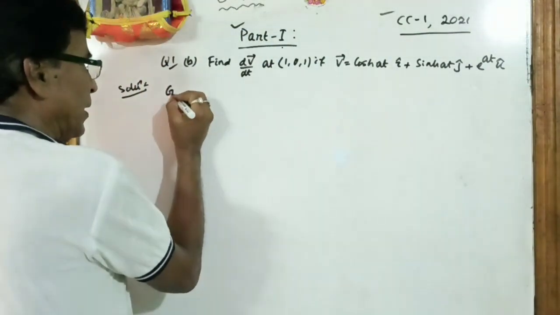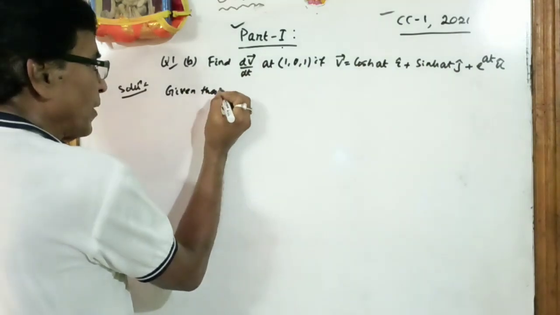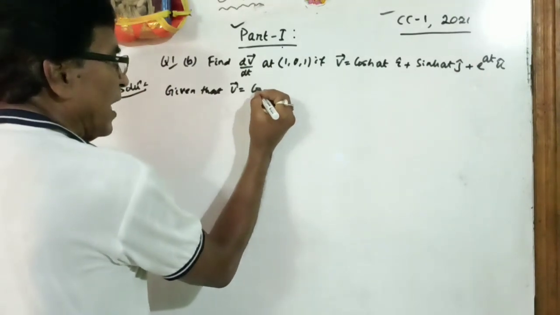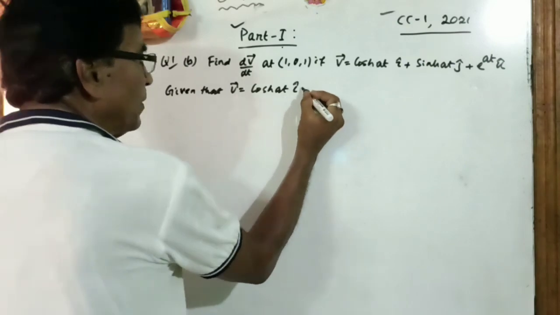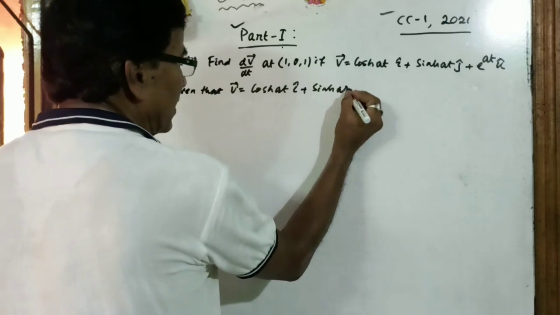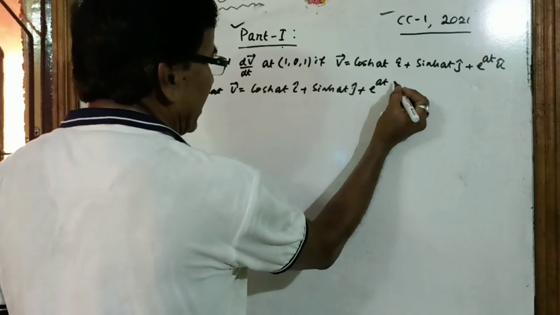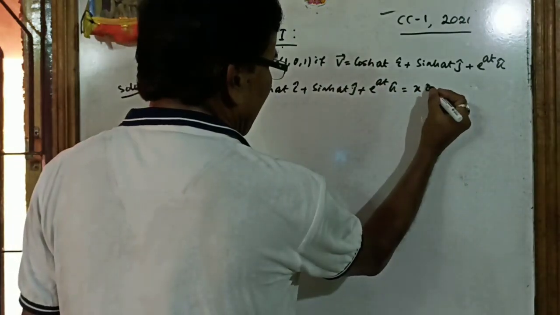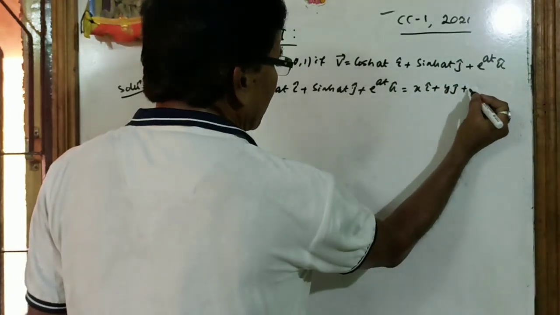So here it is given that v vector is equal to cosh t i cap + sinh t j cap + e^t k cap, which we know is x i cap + y j cap + z k cap.